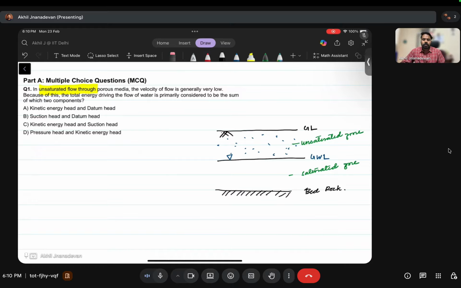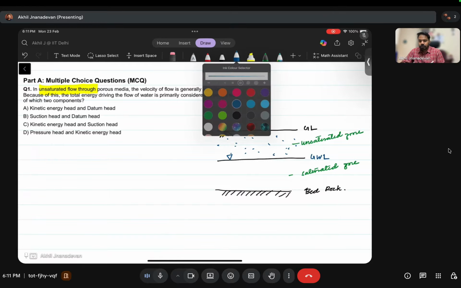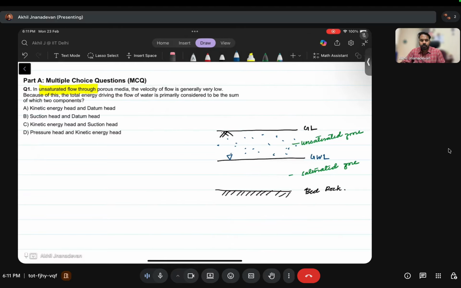Now we need to see what the important hydrological processes happening in this subsurface are. In the very first class, when we represented the hydrological cycle, two things were clear. One was that the water that infiltrates and reaches the subsurface will flow just below the surface and meet some streams.